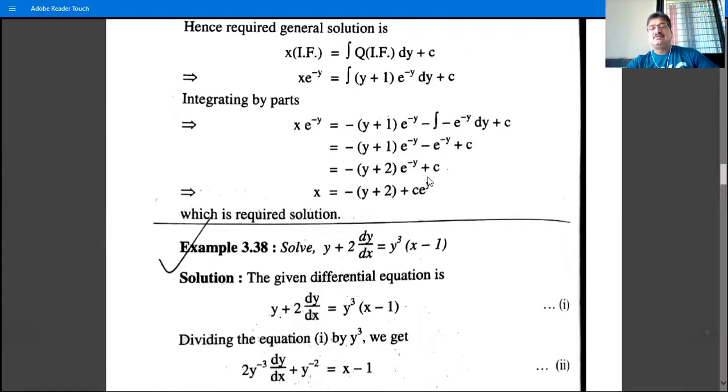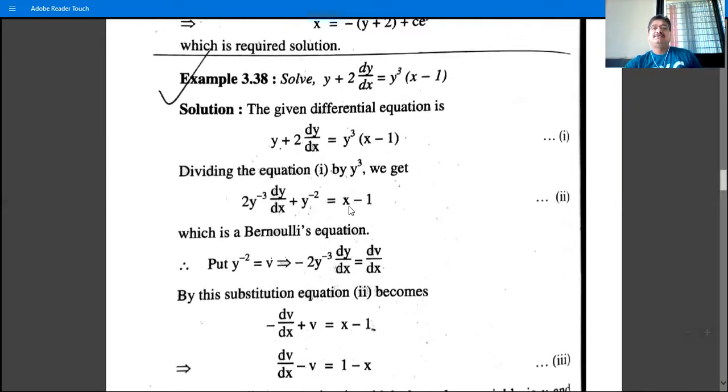So x, dividing throughout by e raised to minus y, so x minus, we have this, minus y plus 2 is equal to c divided by e raised to minus y, means c into e raised to y, and this is the required solution or general solution of the given differential equation.